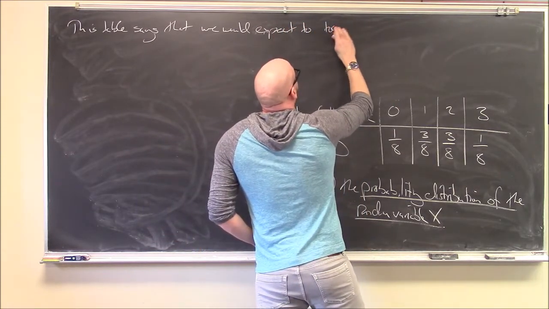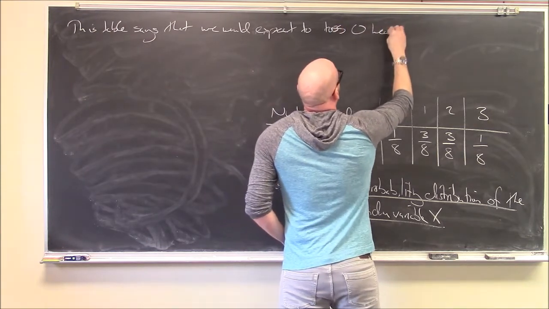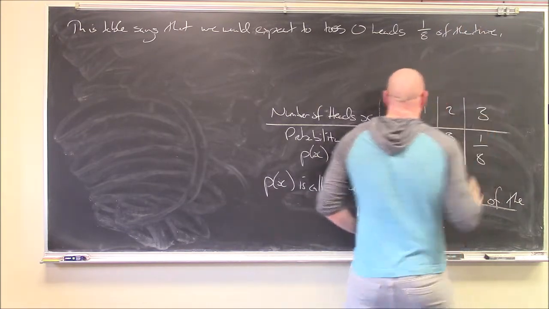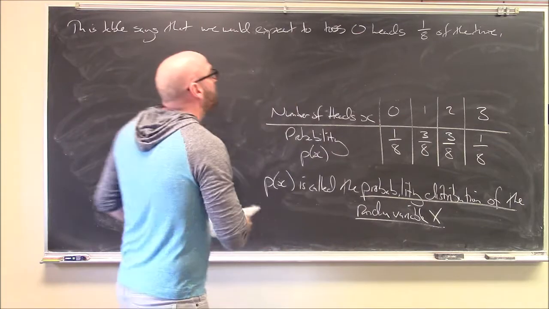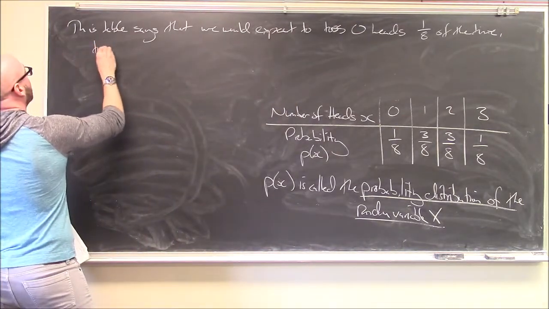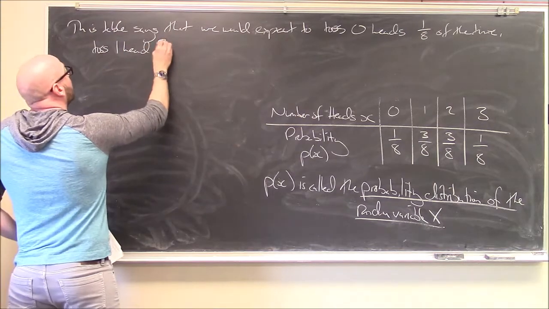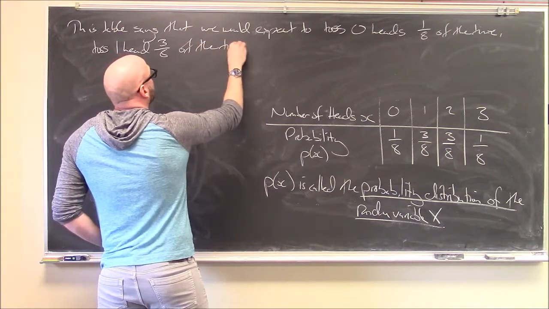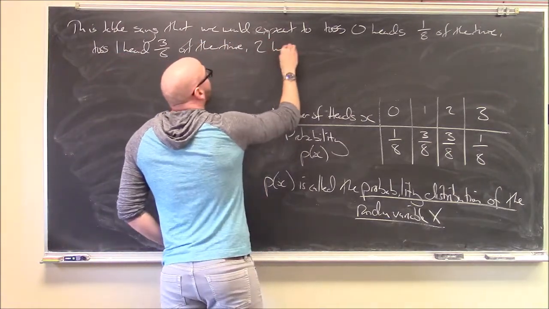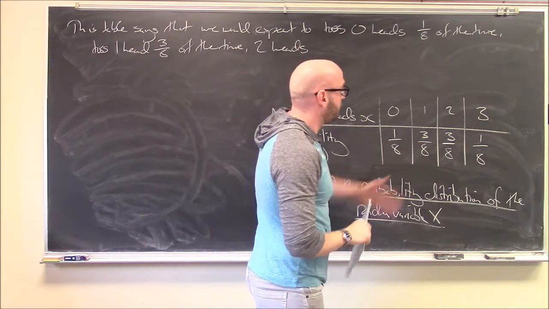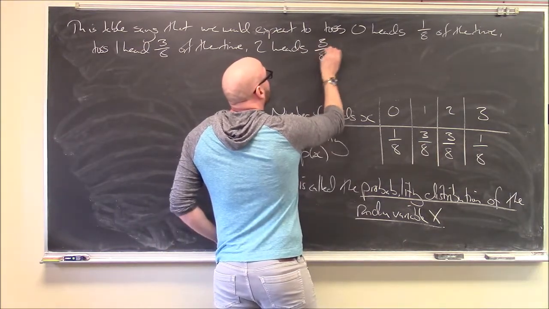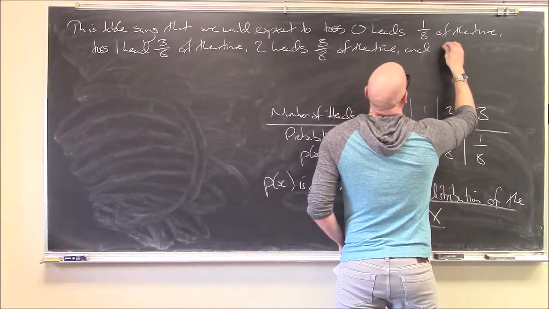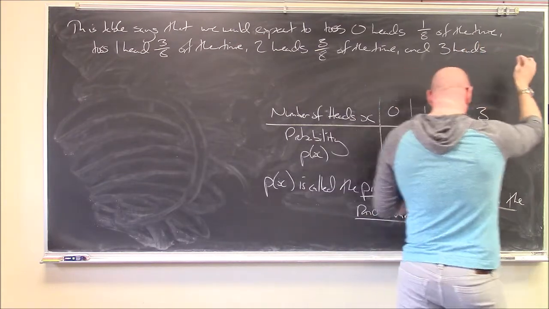How many times would we toss 1 head? 3/8 of the time. Two heads, also 3/8 of the time. And 3 heads, 1/8 of the time.